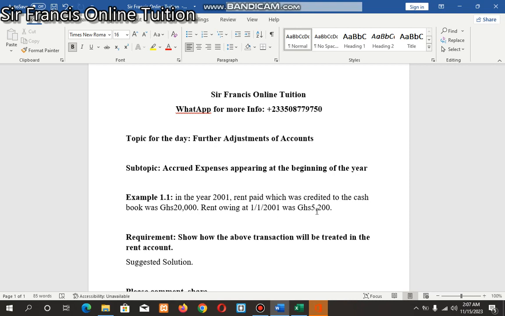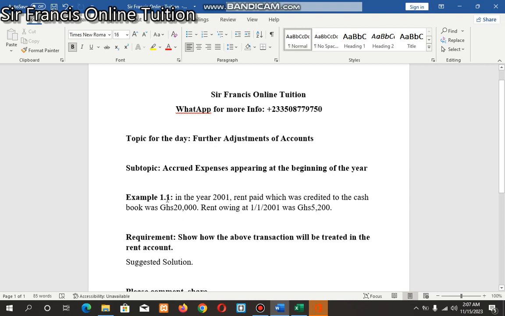So all I can say for now is that expenses, whether paid or not, relating to the previous year should be taken out from the current year expenses. All expenses relating to the previous accounting year, whether paid or not, should be excluded from the current accounting year that you are considering.